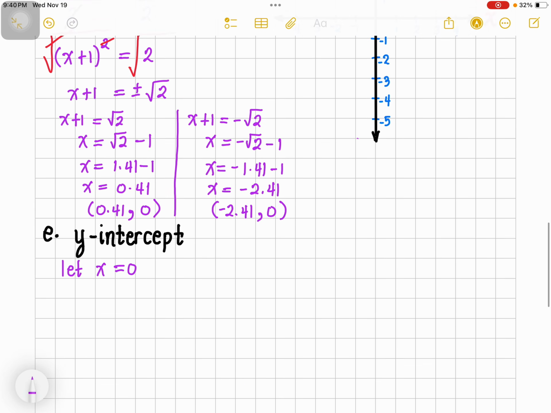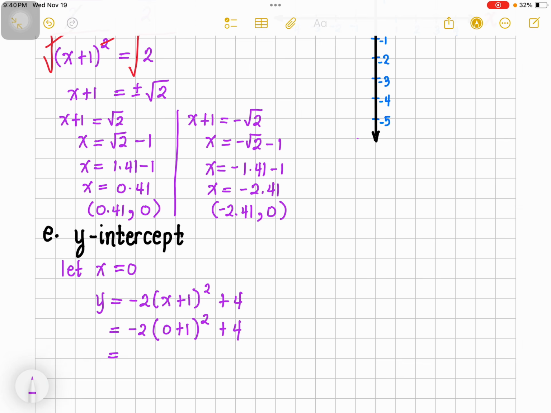Okay. So, yung ating original function, copy lang natin, y is equal to negative 2 times the quantity of x plus 1 close squared plus 4. So, negative 2 times the quantity of 0 plus 1 close squared. Tama? And then, plus 4.